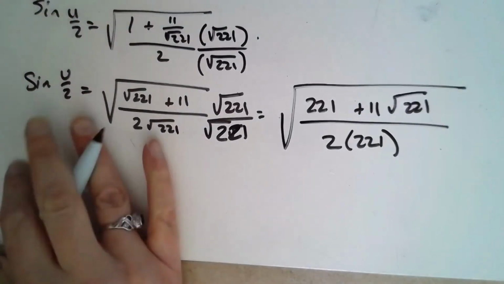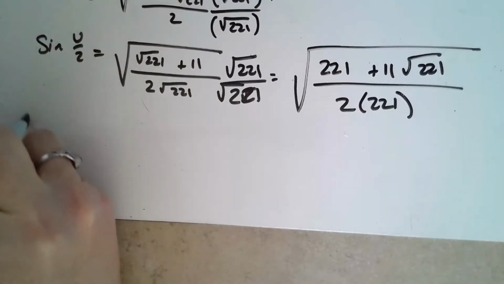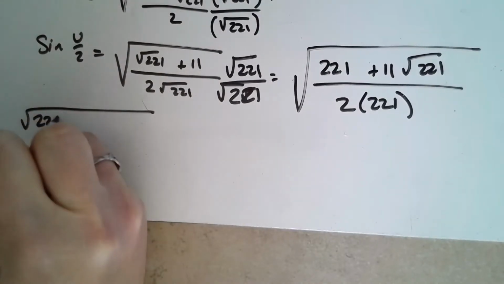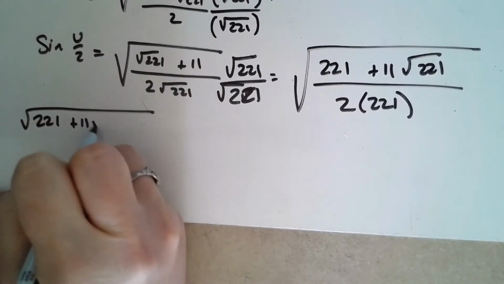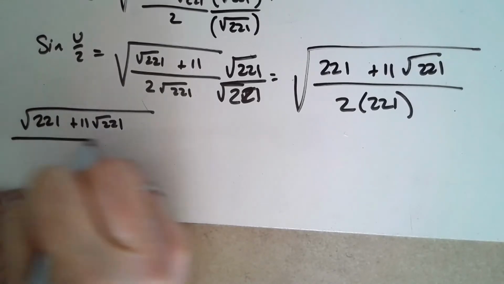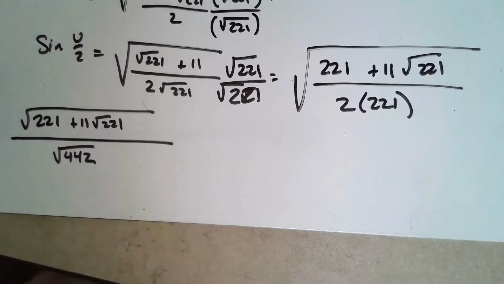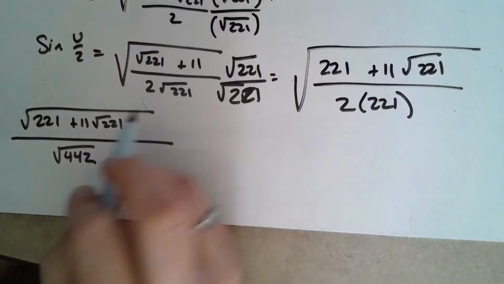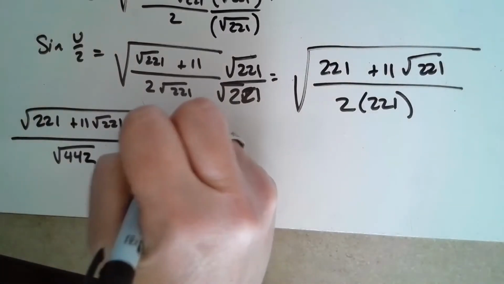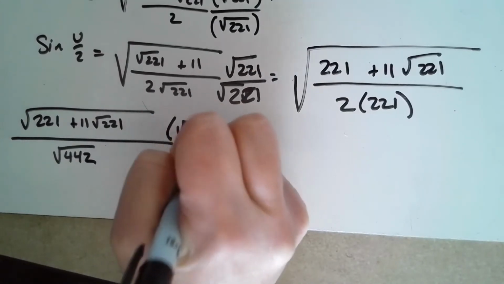So now I'm going to split this up. I have square root 221 plus 11 square root 221 all over the square root of 442. We are almost there. Again, we still have a radical in the denominator, so we're going to multiply by square root 442, top and bottom.